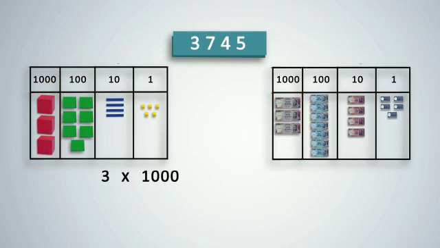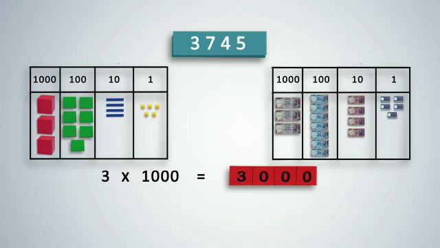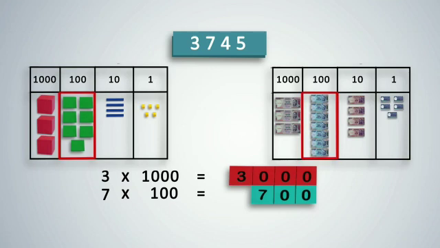3 is in the thousands place. The place value of 3, as we just found out, is 3000. The red place value strip marked 3000 represents the digit 3. The digit 7 is in the hundreds place and is equal to 700, represented by the green strip marked 700. Place this below the red strip.